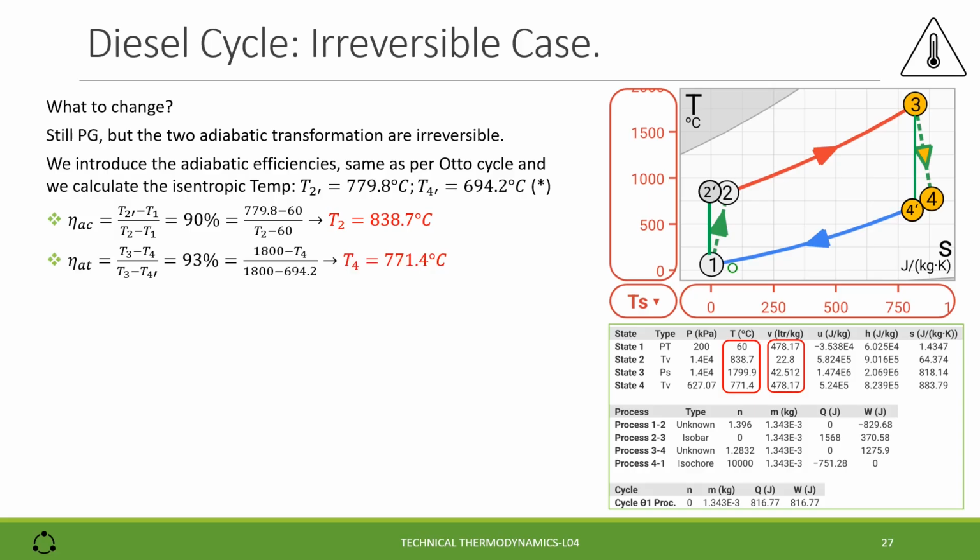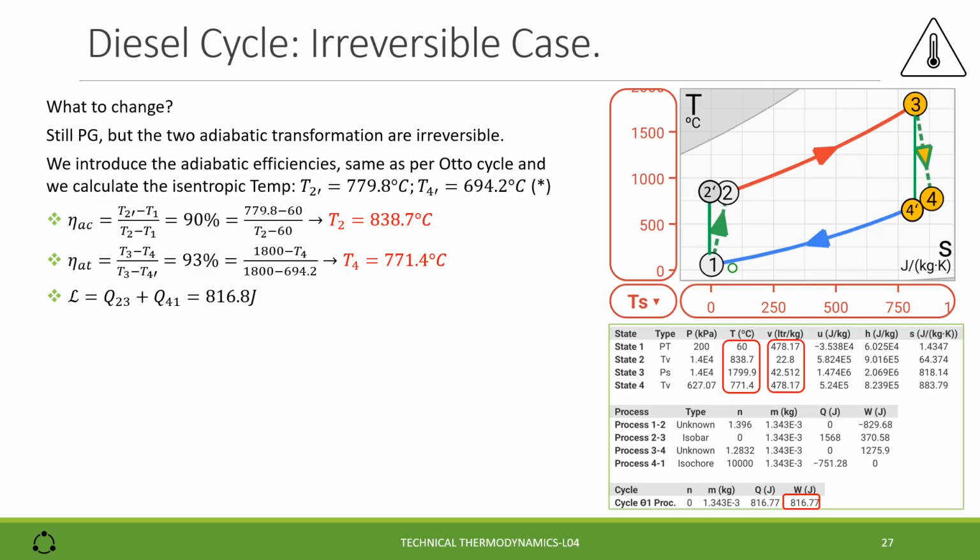The adiabatic efficiency of the expansion transformation is T3 minus T4 divided by T3 minus T4', and still we keep the value already seen of 93%. Replacing the values, we find T4 771.4 degrees.